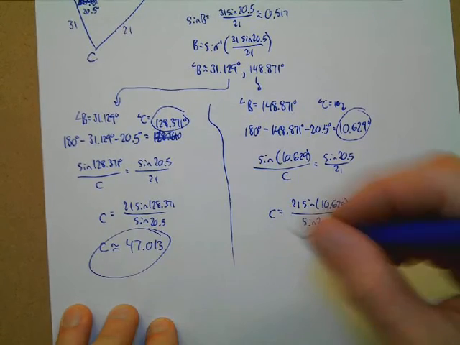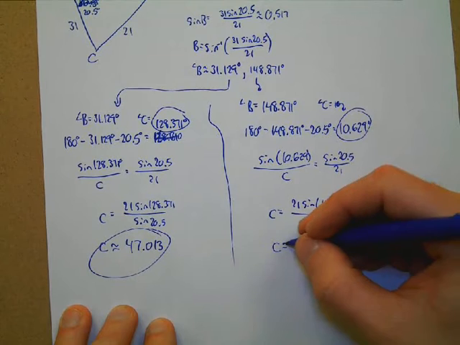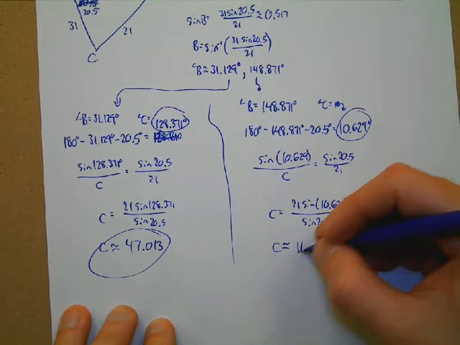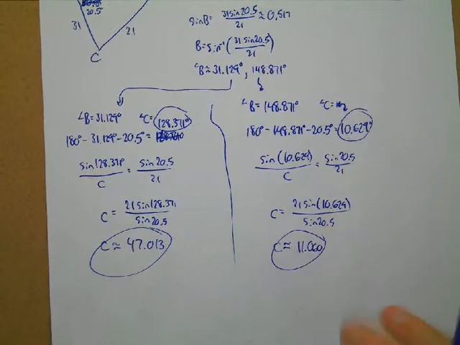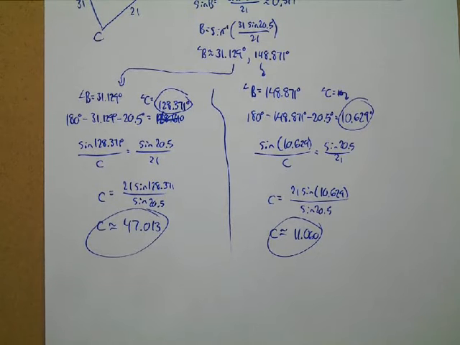And so that's a situation where you run into two possible solutions. Again, just because you're using law of sines doesn't mean you're going to have this ambiguous case. If you have angle-side-angle, then you use the law of sines, and you don't have to worry about the ambiguous case. Angle-side-angle guarantees one unique triangle.